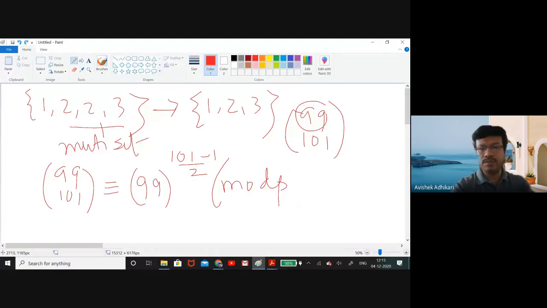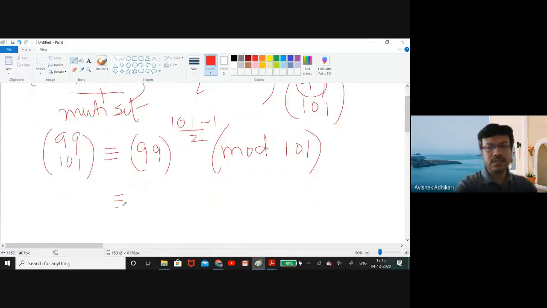That means you need to calculate 99 to the power 50 modulo 101.